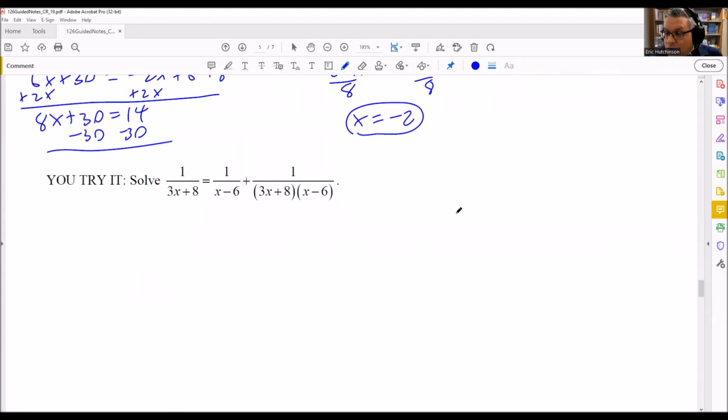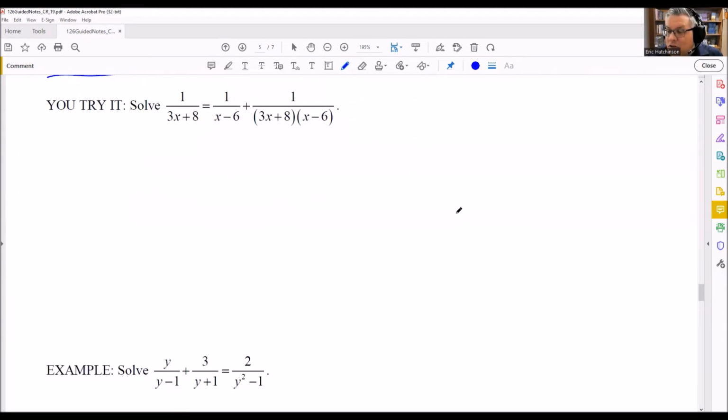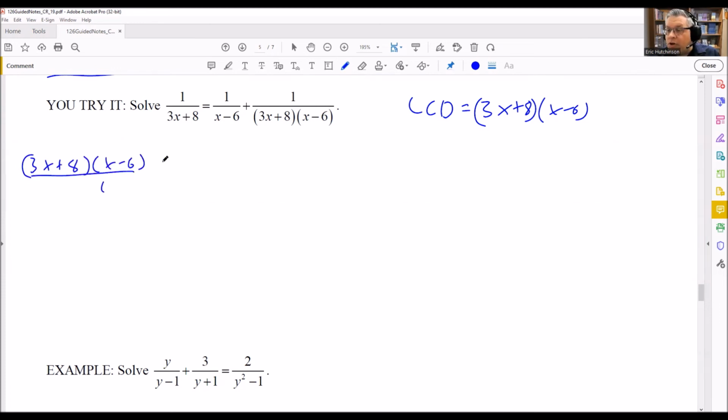Let's do one more, just to make sure we have it. We see here that the LCD is just going to be all of this. It's already factored for us. LCD is going to be 3x plus 8 and x minus 6. So we're going to put this in front of everything I see in this equation. So 3x plus 8 and x minus 6 all over 1. I'll put that in front of the first fraction.